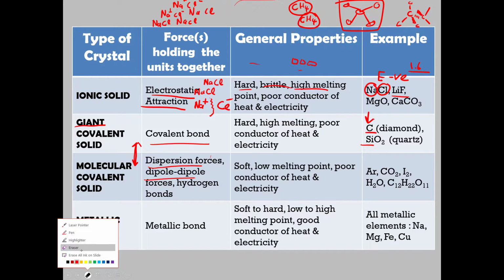Tapi how they are attracted to each other is by dispersion forces ataupun dipole-dipole ataupun hydrogen bonding. Ingat dispersion forces ataupun dipole-dipole, which is the molecules are polar. They are polar, so they have a temporary dipole moment ataupun they have a temporary charge, which is temporary positive and negative.